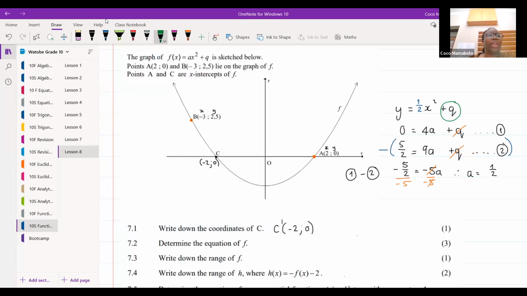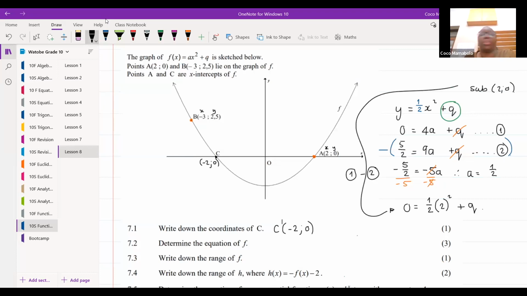Good. Pick any point. You can pick A or B. I like the point that doesn't have a fraction in it. So I'm going to pick 2 and 0 because I don't like working with 5 over 2. So I'm going to sub in the point 2, 0. I'm just going to transfer this down here. So I'm going to get 0 is equal to 1/2 multiplied by 2 squared plus q.